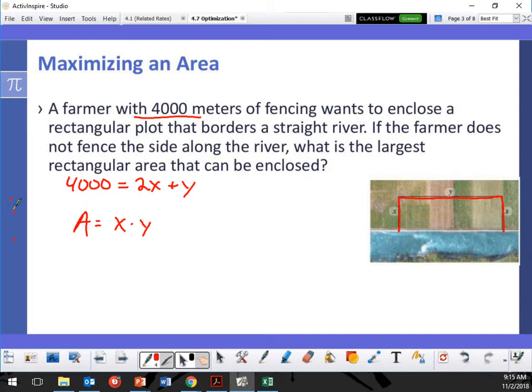So we're going to maximize one of those and then find the other, right? Since I have two equations here, one for perimeter and the other for area, I'm going to substitute so I don't have two different variables. I want just one variable. So what would y be equal to?